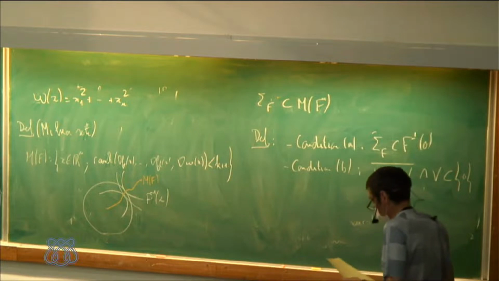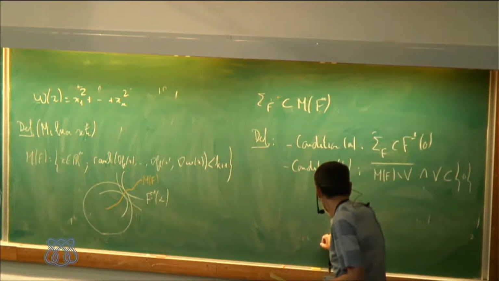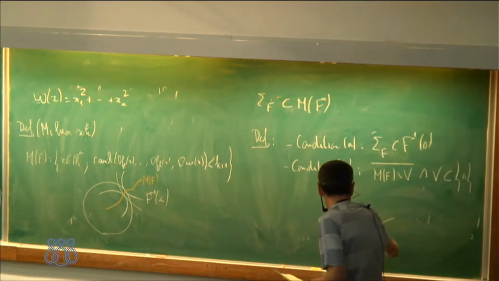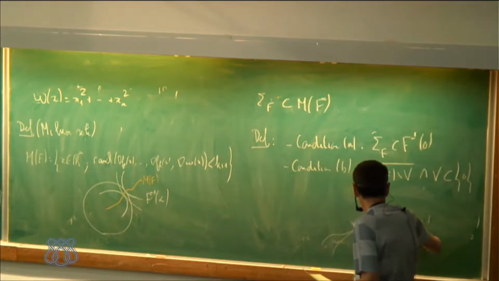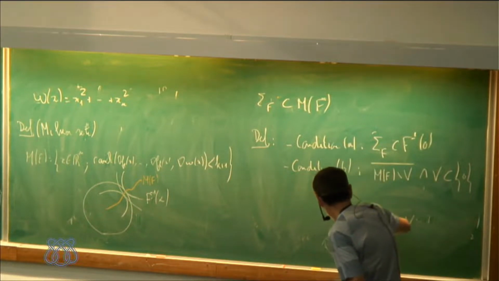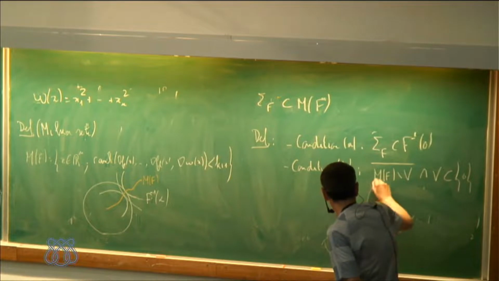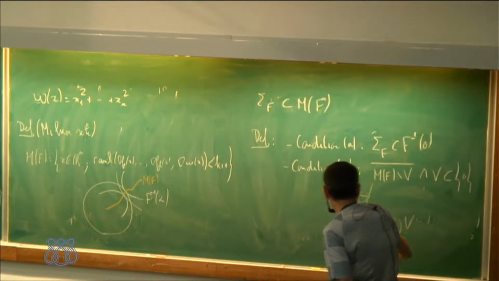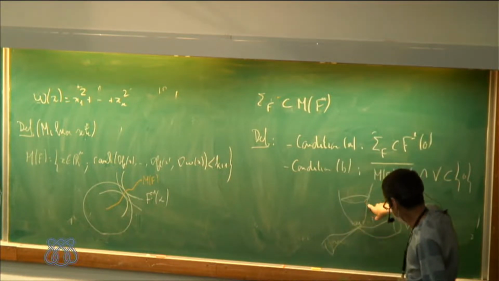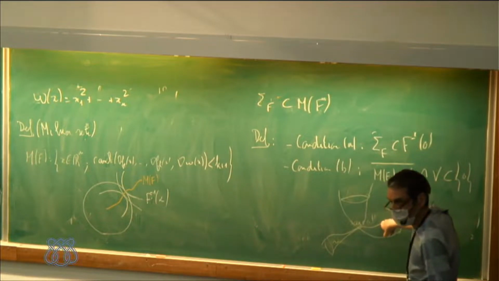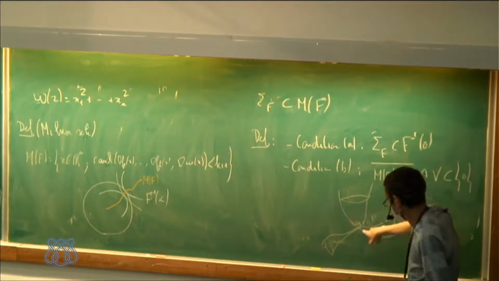Okay, so what does it mean? Imagine you are V here, and the Milnor set here, this is a good situation because the Milnor set does not accumulate to V, except at the origin.